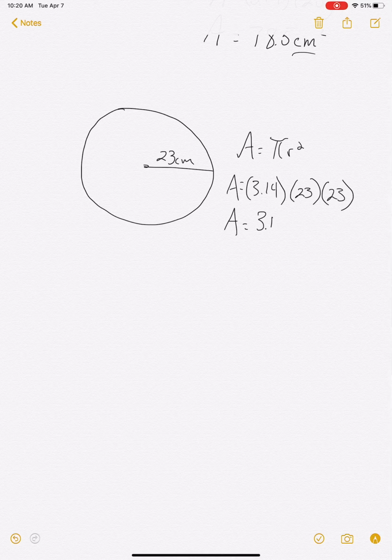I like putting mine in steps so it's a little easier to get to.